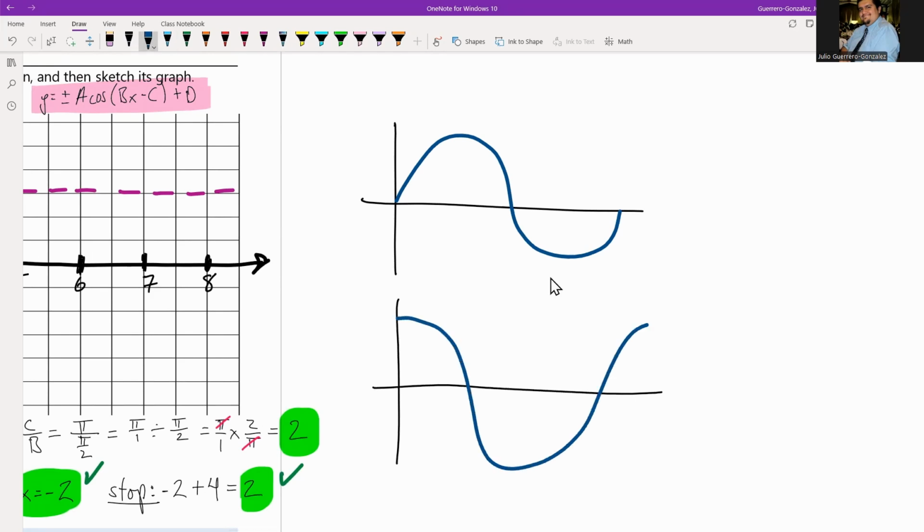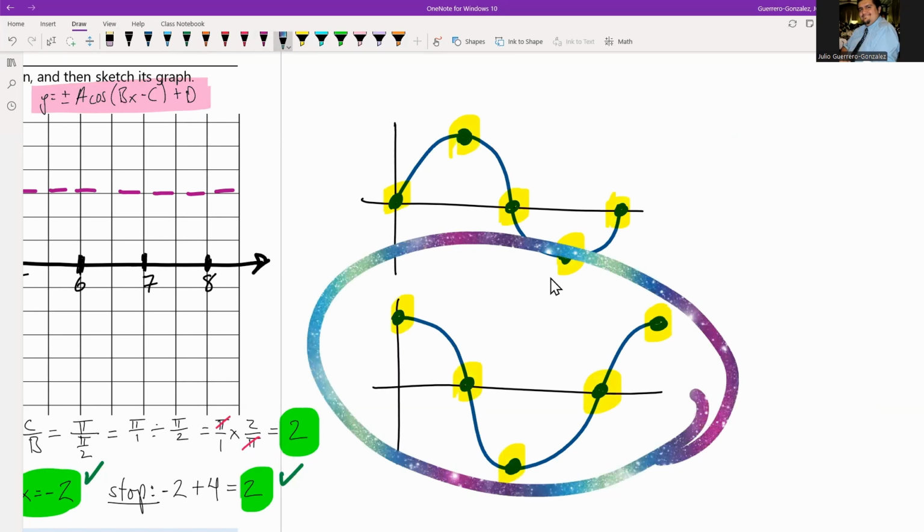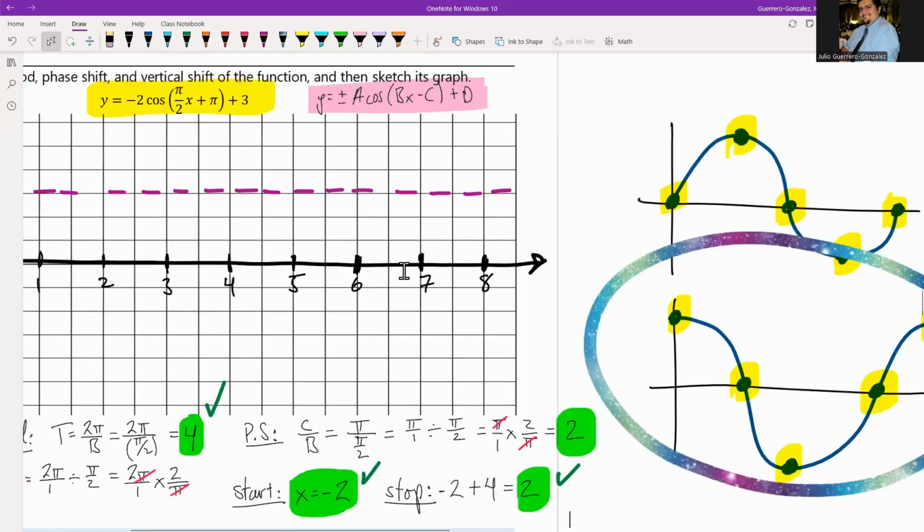There were 5 points. 1, 2, 3, 4, 5 for sine. And then for cosine, 1, 2, 3, 4, 5. These are the 5 points that we're going to now try to slap down. In particular, since in this case we are talking about a cosine graph, we are looking at these 5 points down below. Okay, so let me scroll back over to the left to our graph.